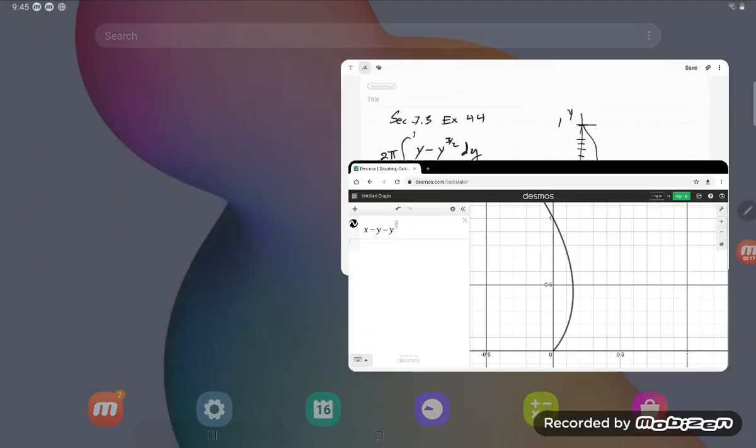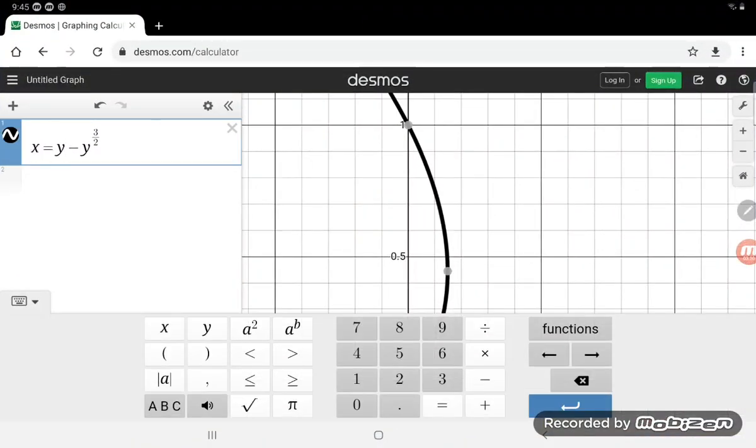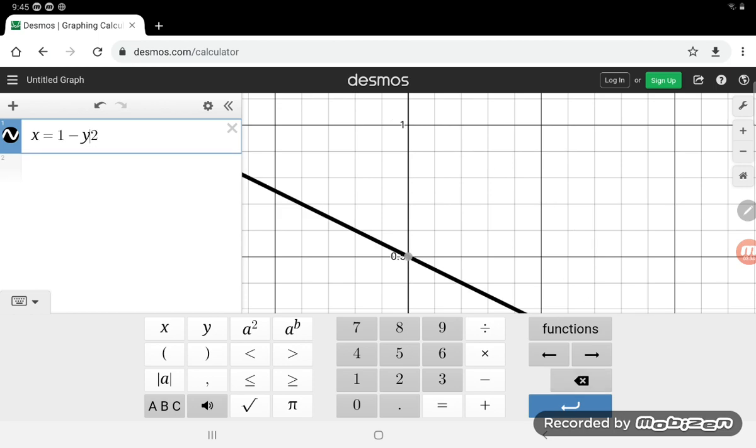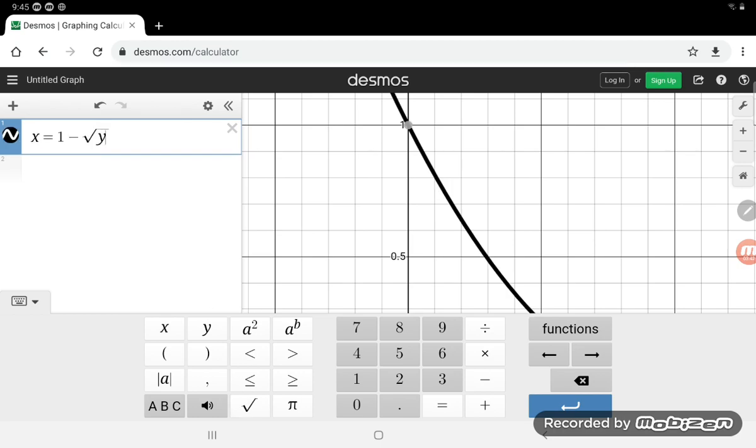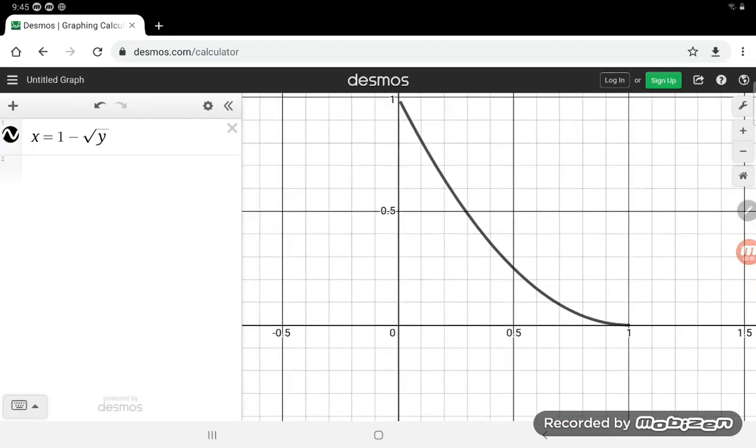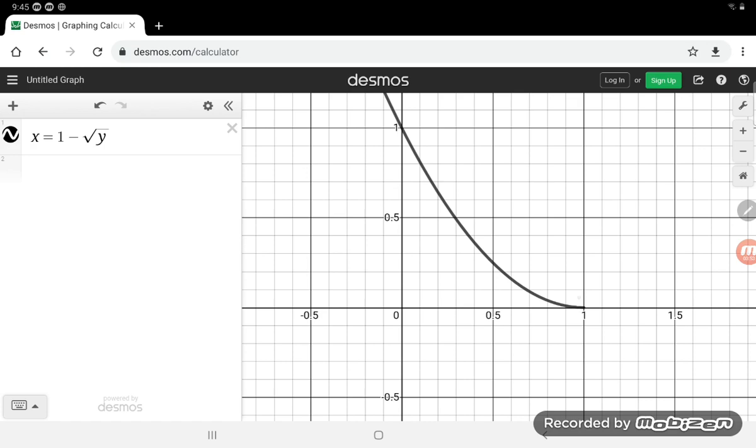And so let me go back to Desmos, and we just want a 1 here and a square root of y, like that. So actually, we have that picture that goes from 0 to 1 on the y-axis, and 0 to 1 on the x-axis, 1 minus the square root of y.